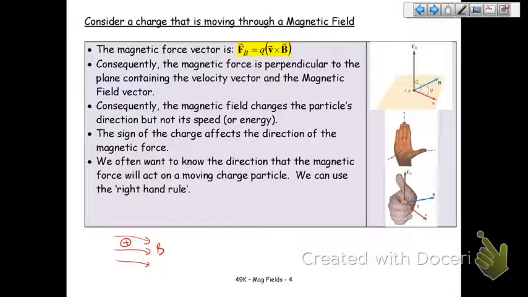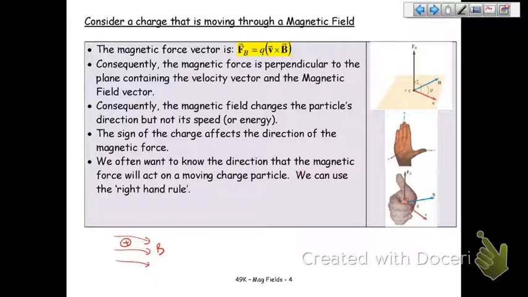But it does. Because I start moving, and depending on my velocity, I will feel an increasing force. So the magnetic force is velocity dependent. It depends on my charge, depends on the magnetic field, depends on my velocity.